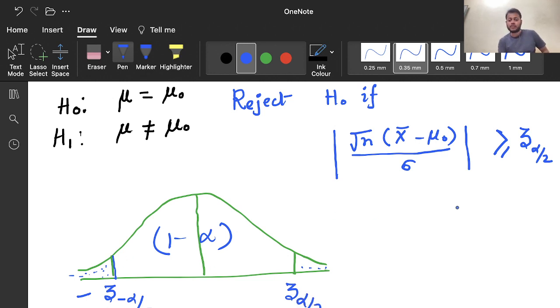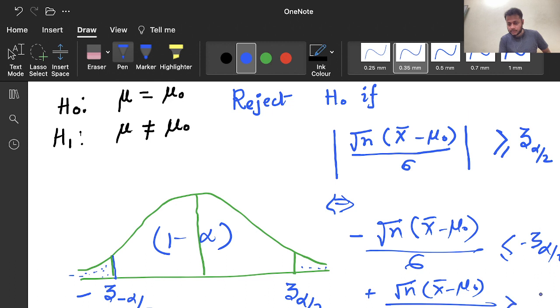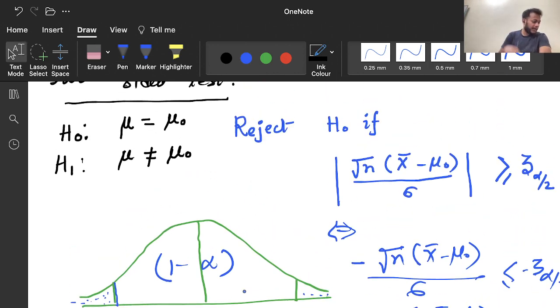So the modulus will be greater than z alpha by 2. If I take the modulus, it means root n (x bar minus mu 0) by sigma should be less than or equal to minus z alpha by 2, or root n (x bar minus mu 0) by sigma is greater than z alpha by 2. So that's it. That will be my test.